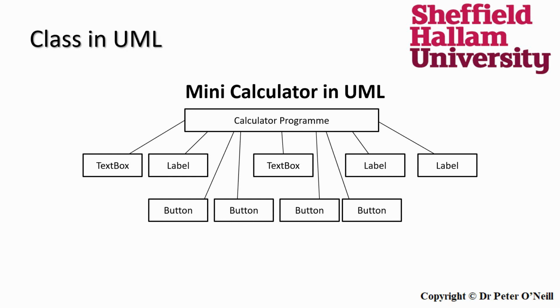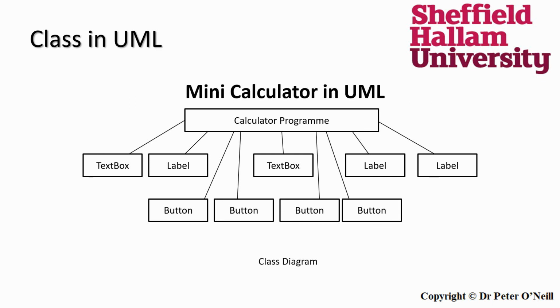The label that's to the right of that first text box will become either plus, minus, divide, or multiply, which is the buttons. And then the next text box will become the second value that we're going to add. Second label will then become the equal sign, and finally our last label will become the result.